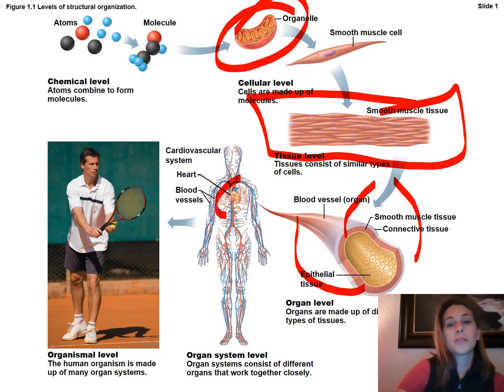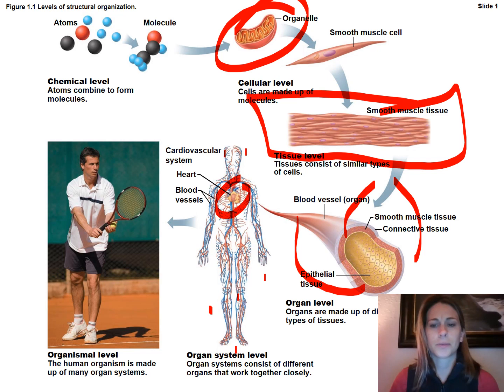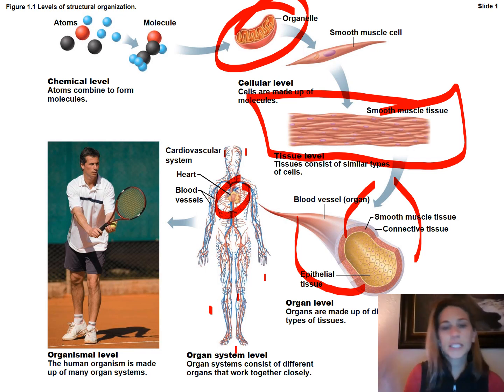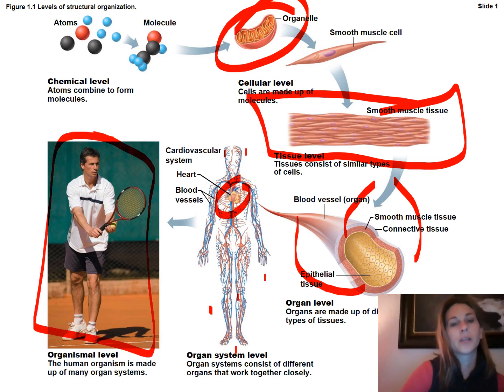And then all of the different organs, I'm pointing to the blood vessels, and then the heart, obviously. All of the different types of organs collaborating together form one of the organ systems. And the organ system participating with the rest of the organ systems results in the organismal level. It's like the single, complete individual.